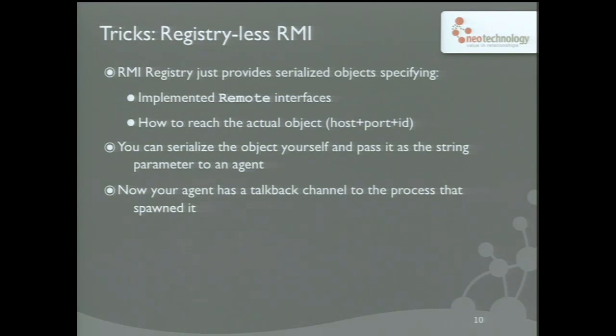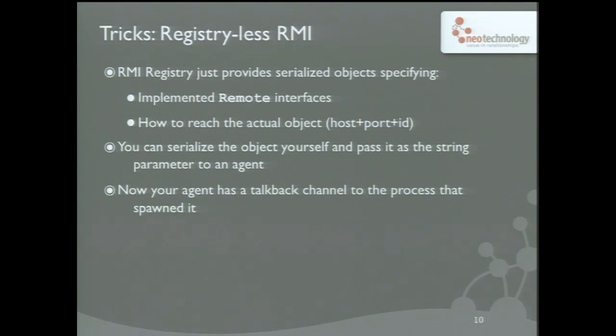The hassle with RMI is the thing with registries. So if you want to do RMI, first of all, use it only for things on the same machine, because it's not really something you should use for distributed systems. And don't use registries. They're a mess.